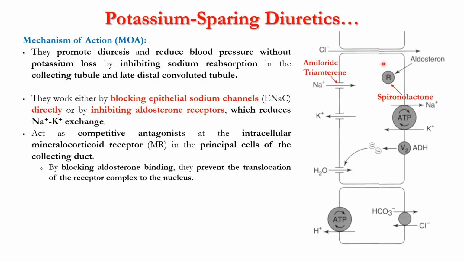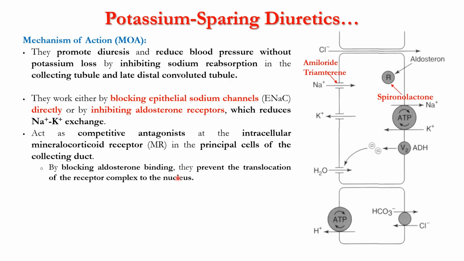This is the way they act here. For example, spironolactone acts by binding to the mineralocorticoid receptors, so they can compete with the aldosterone, so that they can inhibit the binding of aldosterone and hence can prevent the synthesis of proteins, including the epithelial sodium channels that promote sodium reabsorption and potassium excretion.